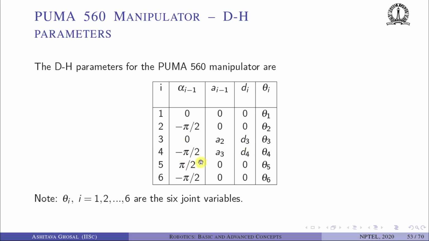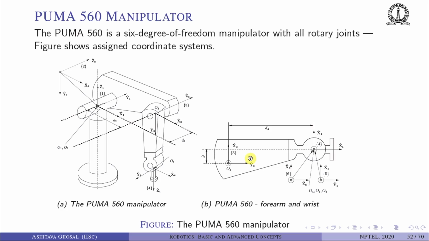Likewise, for link number 4, you can see it is minus pi by 2, A3, D4. Okay, if this is the last one, we'll see carefully. The others you can see yourself. Okay, so link 4, what is alpha i minus 1? It is the angle between Z3 and Z4.